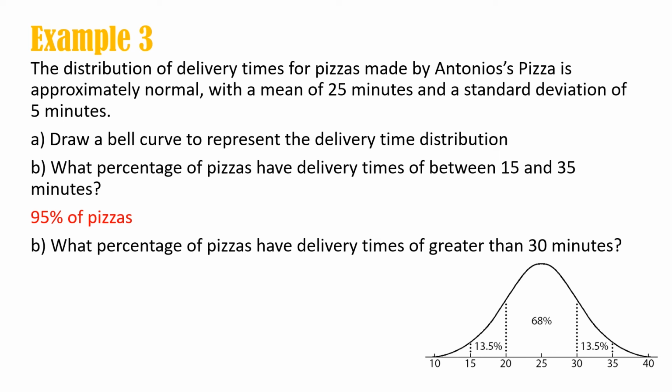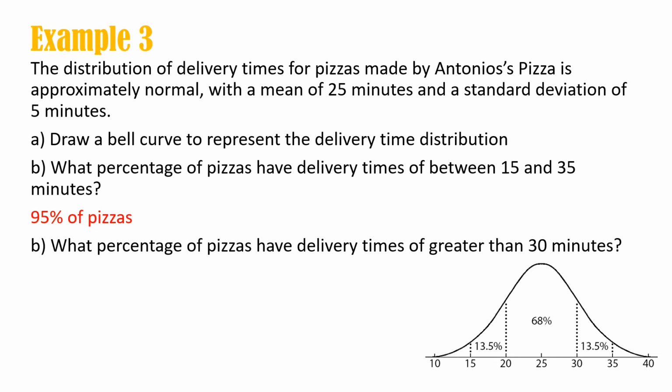Between 25 and 30, I've got half of that 68, so that's going to be 34. So everything to the left half is 50 plus another 34, which is everything up to that 30-minute area. So 50 plus 34 gives me 84. That's everything less than 30 minutes.